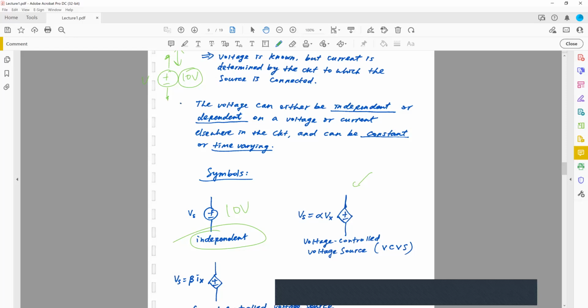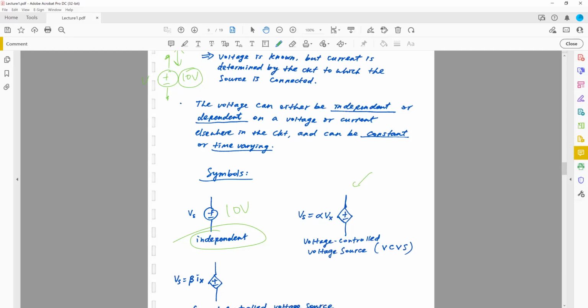Typically a dependent voltage source is denoted by a diamond shape. So it's not difficult to tell whether you have a dependent or independent voltage source. An independent voltage source always has this circular shape. A dependent voltage source is always drawn with a diamond shape.